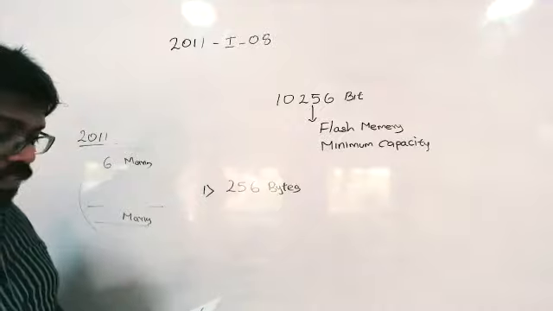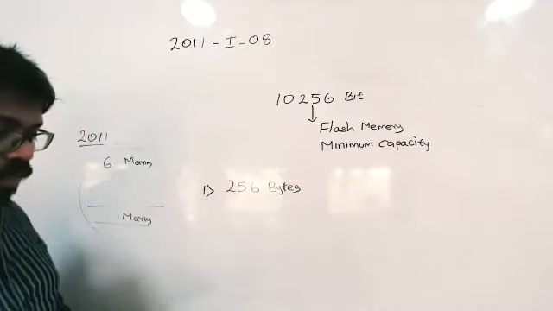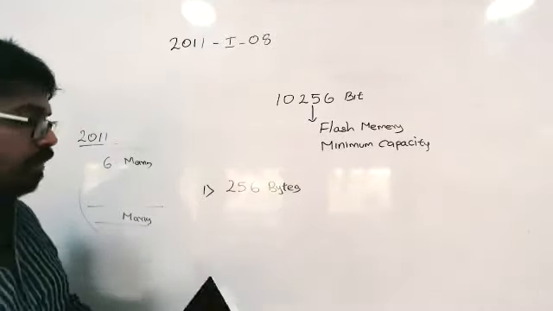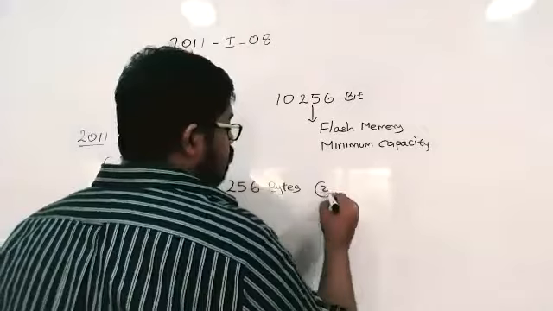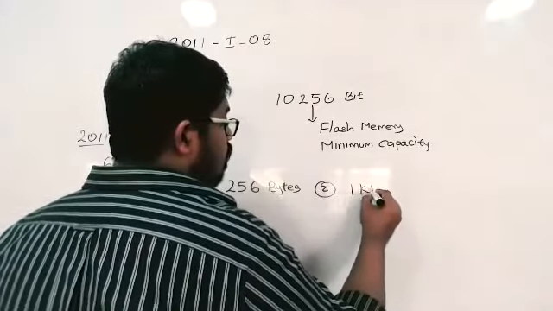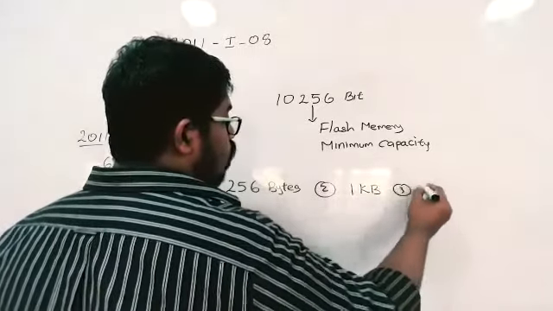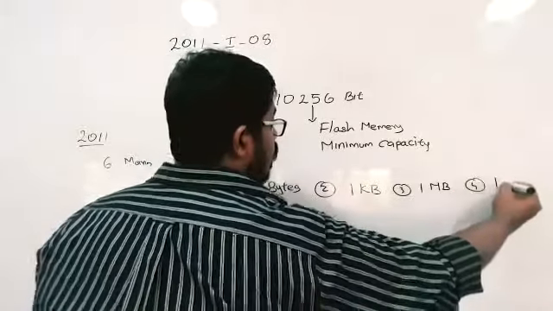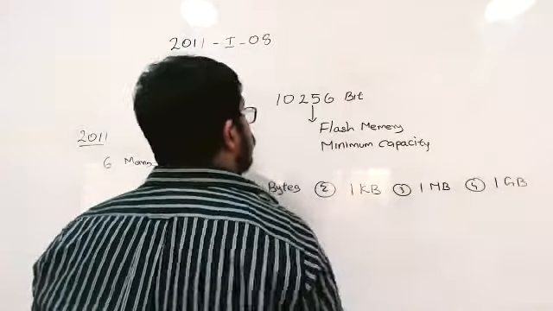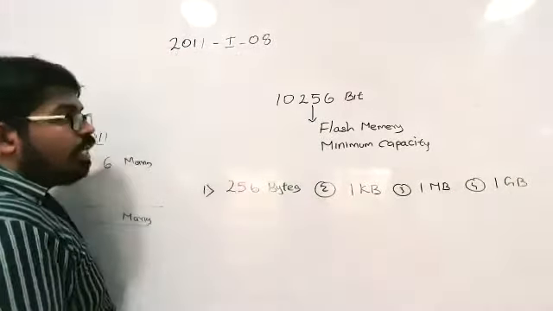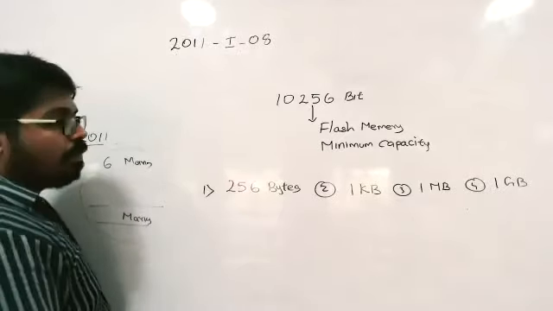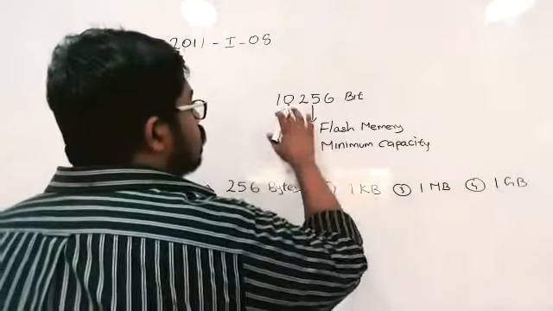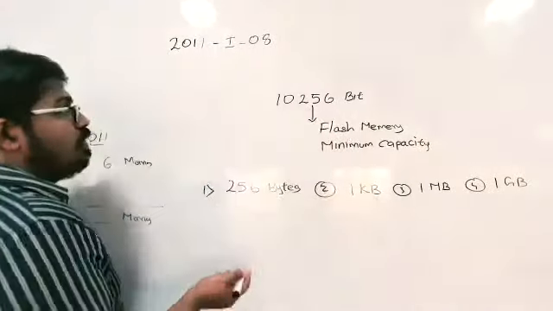Second answer option 1 KB, 1 MB, 1 GB. They ask you the minimum capacity. So bits to byte conversion.